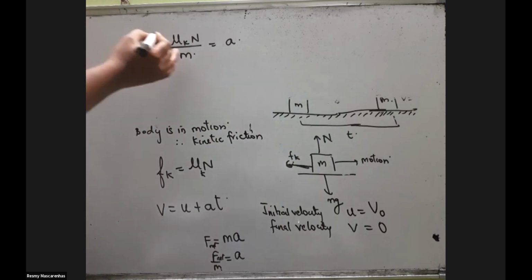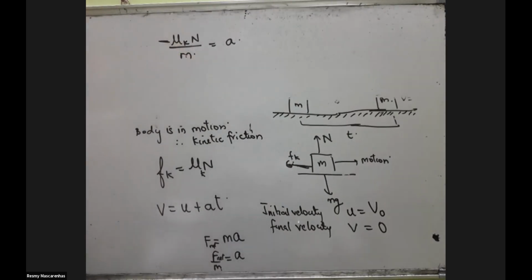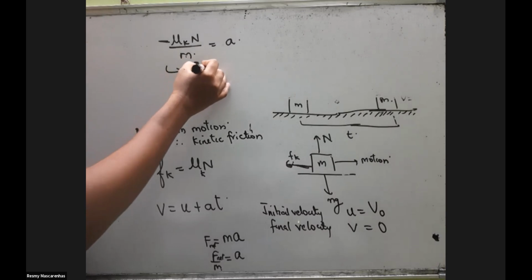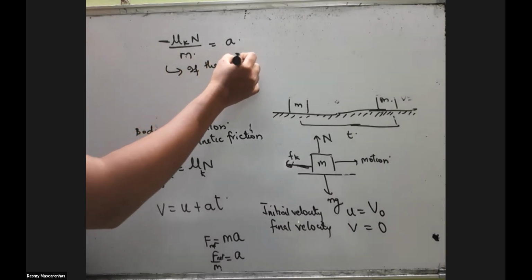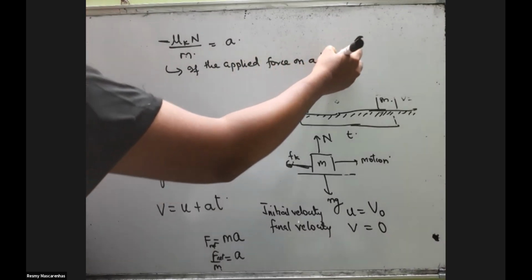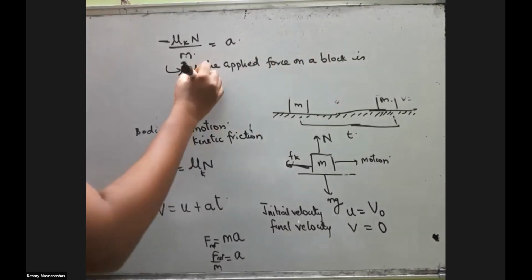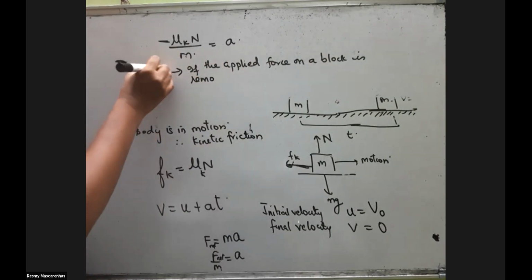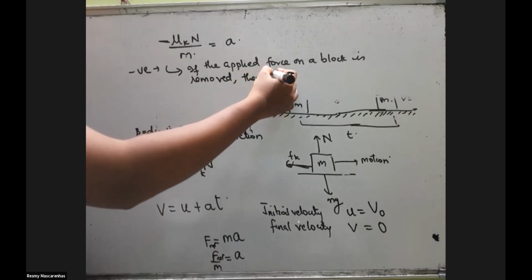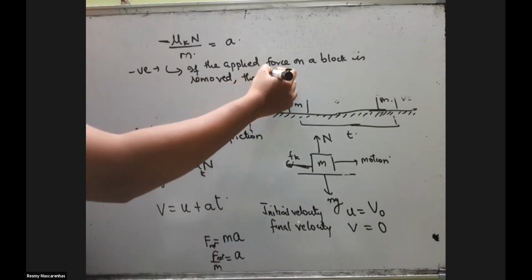We have to take it always negative. I'll tell you also why negative. I had even given a statement: if the applied force on a block is removed, then always it will be negative.